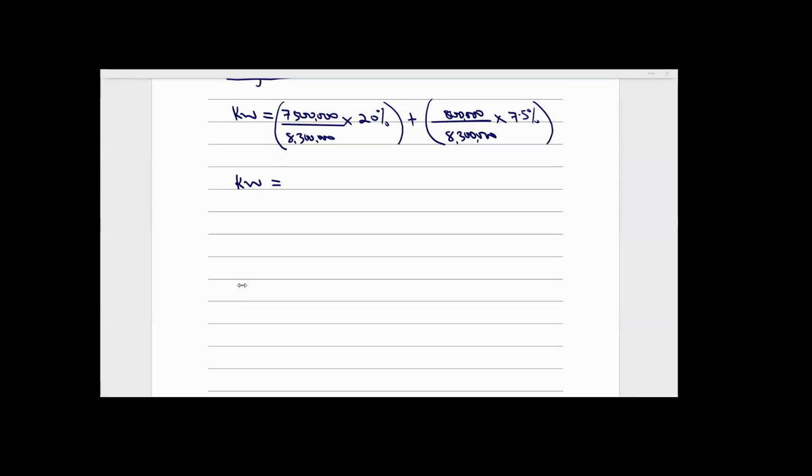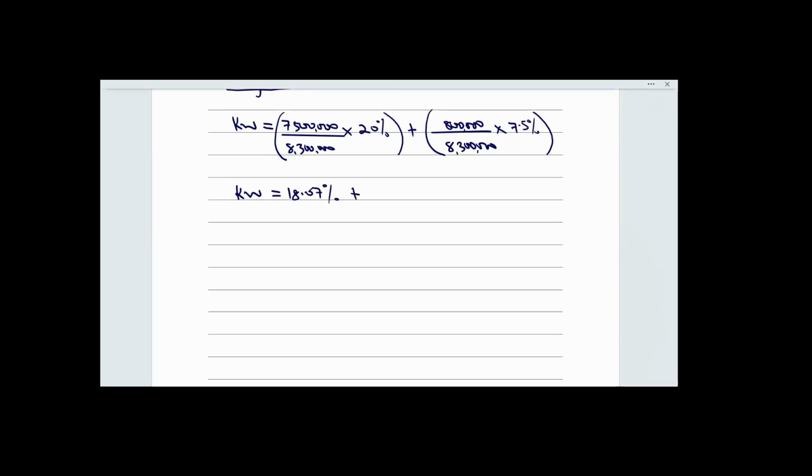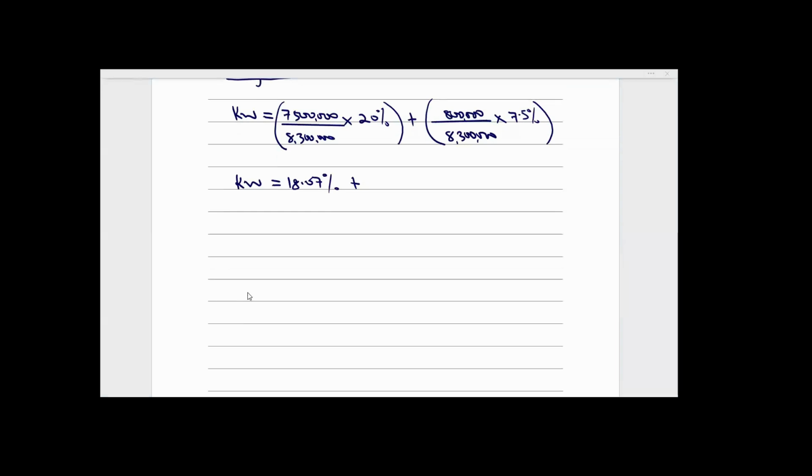7.5 divided by 8.3, equal, multiply by 20, equal, that's 18.07. Here is 18.07% plus the right side, 800 divided by 8,300, equal, multiply by 7.5, equal 0.72.